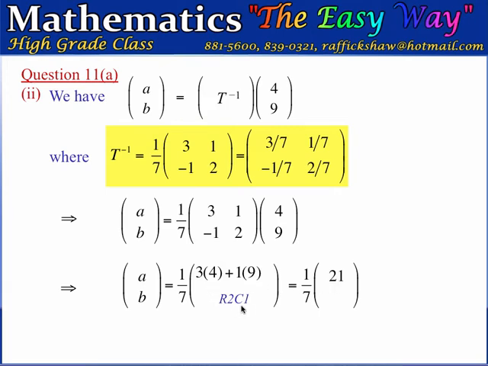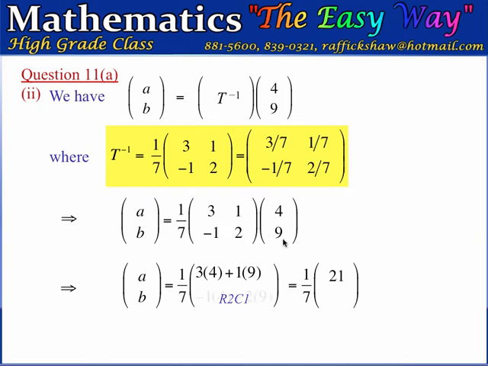And then this element here now is in the second row and the first column. And so to get this element, we have to multiply this second row by this first column. This matrix only has one column, and so we call it the first column. And we are multiplying the first element here with the first element here and the second element in the row by the second element in the column.